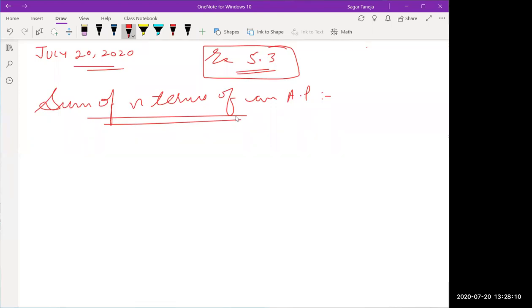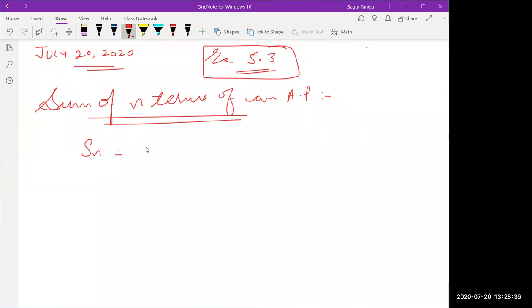Then how can you calculate the sum of all the terms? If you need to add each and every term, then how can you calculate the summation of each and every term? For that, we should use a formula, and that is sum of n terms. Means sum of any number of terms. For example, sum of 10 terms of an AP, sum of 15 terms of the AP.